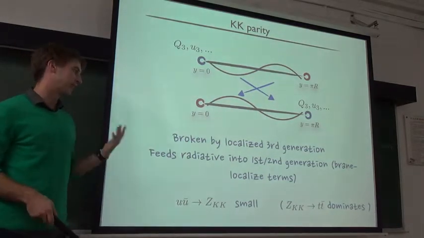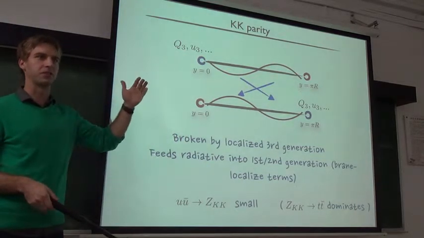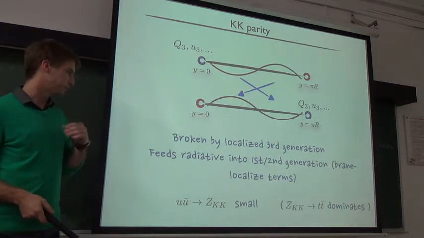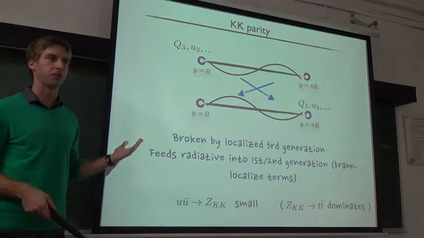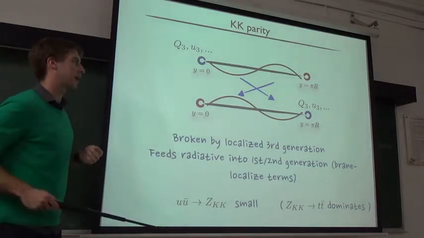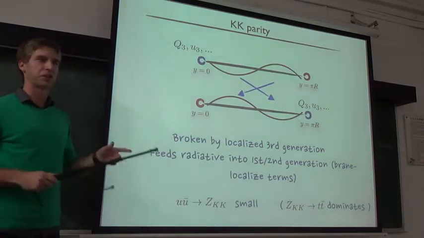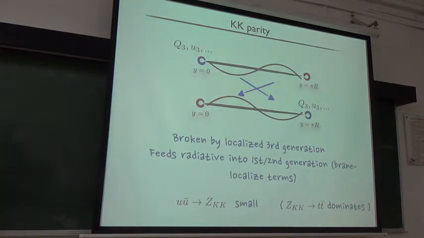So you would have a suppressed amplitude to singly produce these KK excitations, these exponential copies of the standard model particles. And the decays would be preferentially into the third generation particles, because those are what are breaking this symmetry. So I might expect to see production of this extra resonance that then decays to two top quarks, for instance.